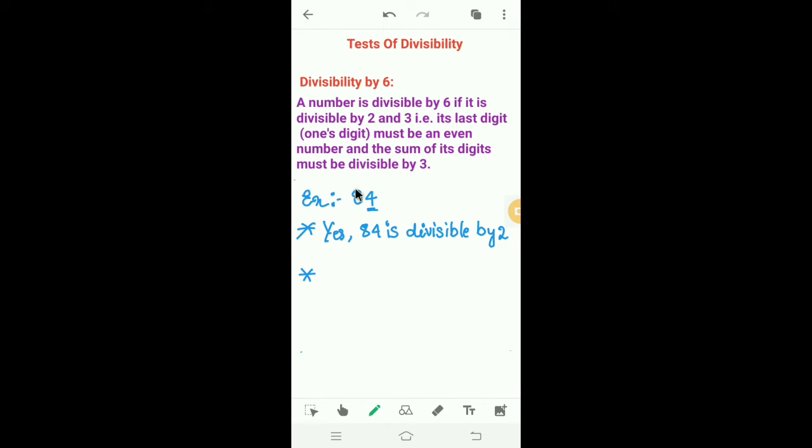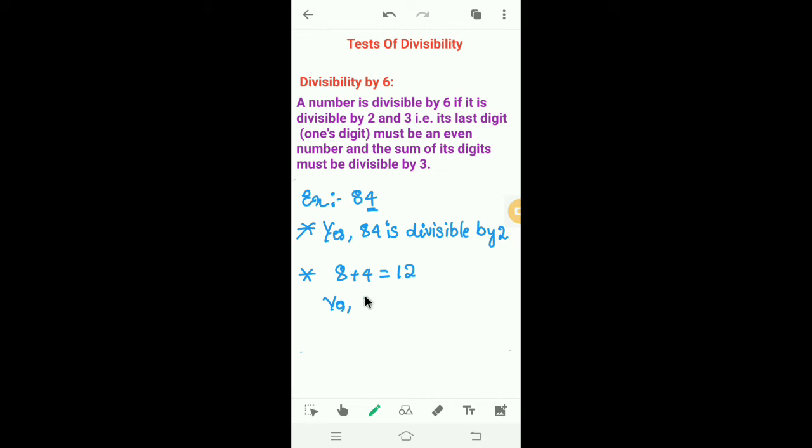Let's check. What is the rule? A number is divisible by 3 if the sum of its digits is divisible by 3. So we have to add both the digits. 8 plus 4 is equal to 12. Is 12 divisible by 3?